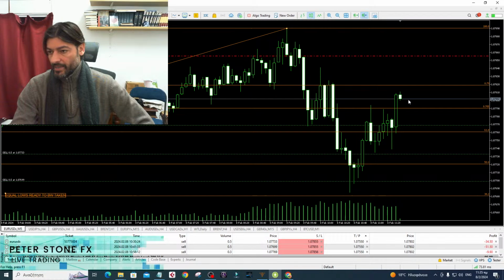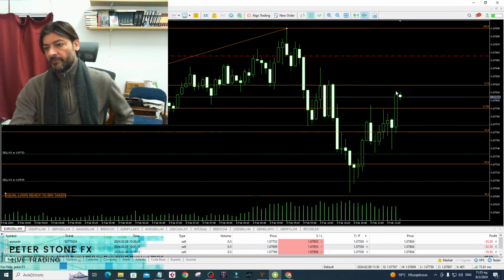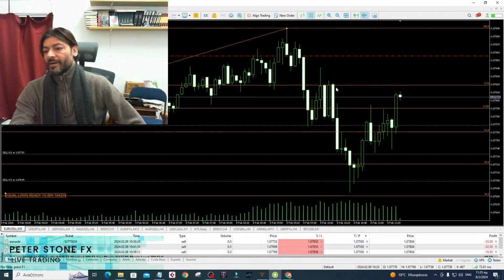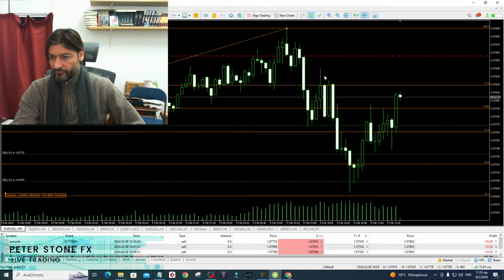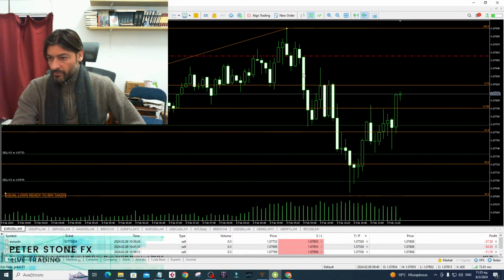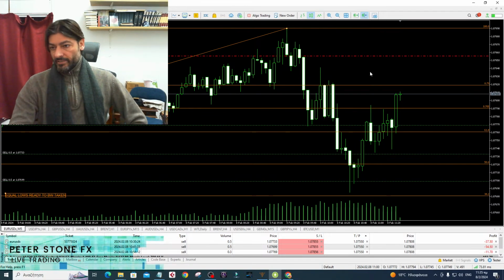So here we see price having a reaction to it. If it surpasses it, it means I probably lost the trade. So here actually it's the most significant, I believe. I don't know if it will go upper and retest this fair value gap. If it will, it means I have lost the trades actually.